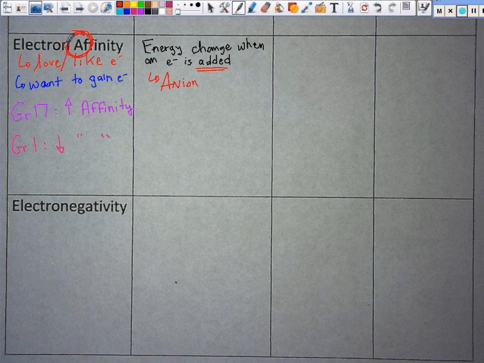This was kind of what I talked about with stealing cookies. Okay. Now, when was it easier to take the cookies? When they were really close to me or really spread out? Really spread out, okay.